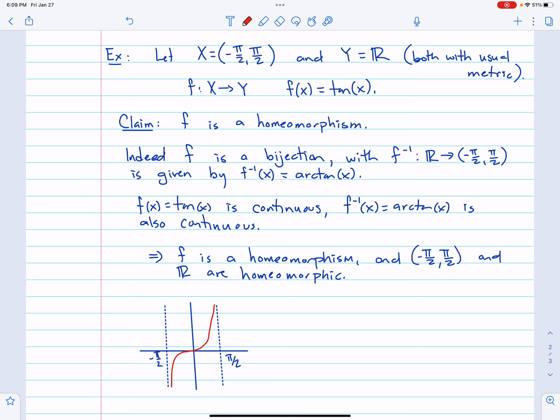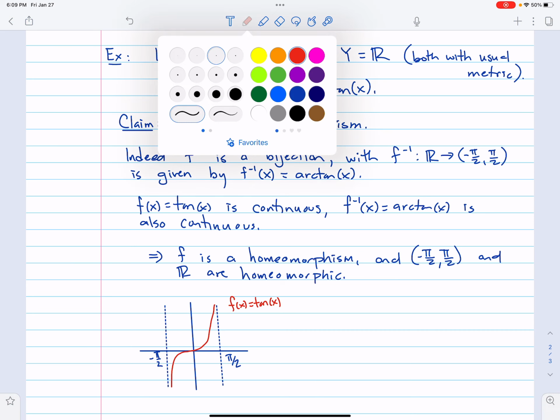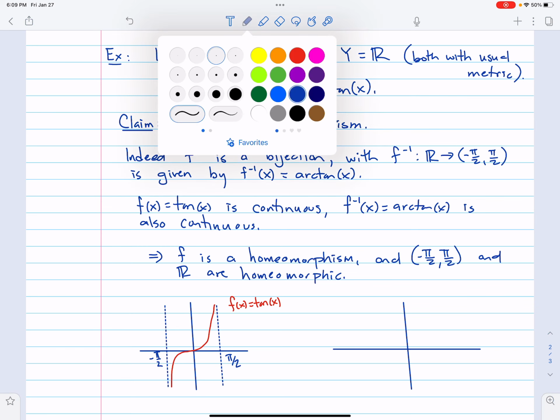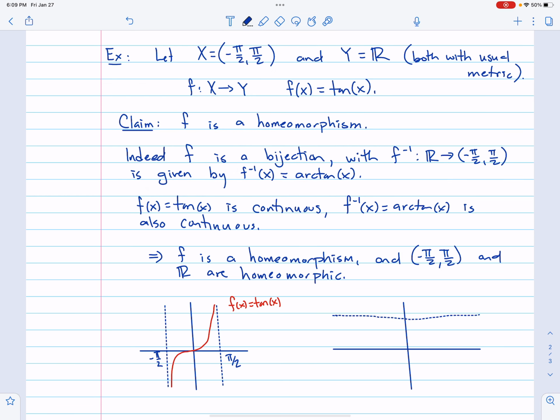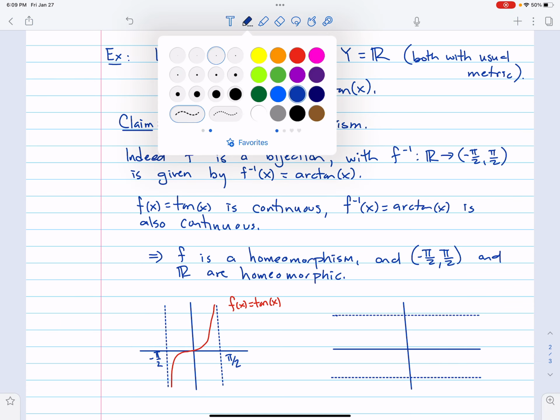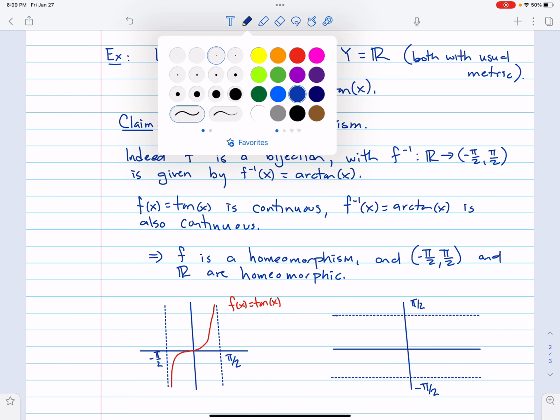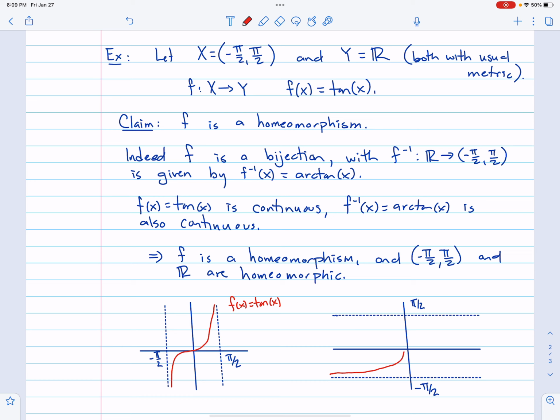Okay, so that's the graph of f of x equals tan x. And then, of course, if we want to draw the graph of the inverse function, it's just the same thing but on its side. I guess you've all seen this graph before, but it's nice to draw a picture every once in a while. So this is what the arctan function looks like.